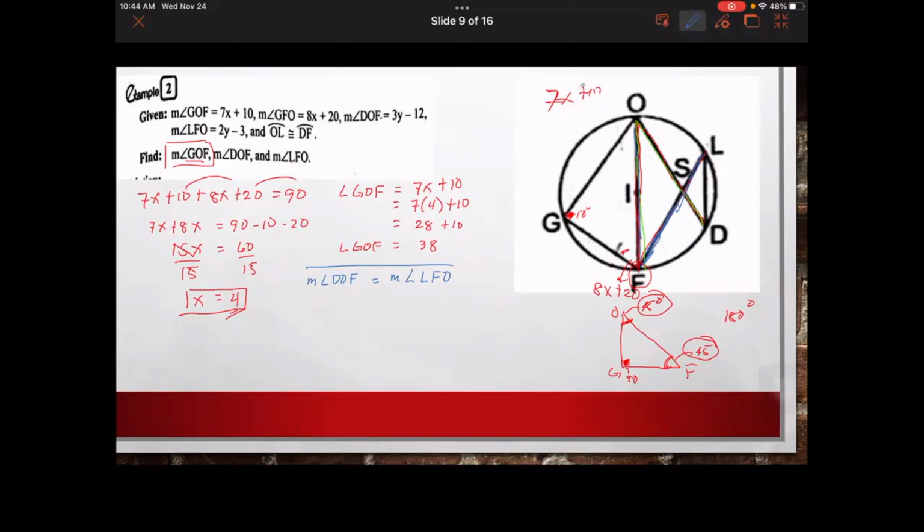Now, ano ba yung value ng DOF? Ang DOF natin ay 3y minus 12 is equal to LFO natin is 2y minus 3. Yan. Okay.